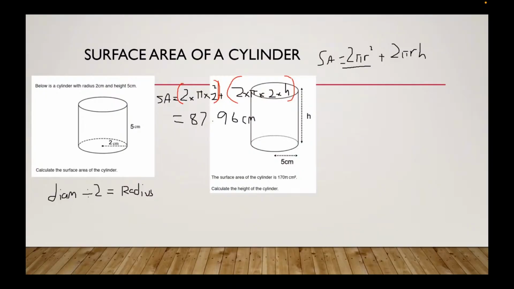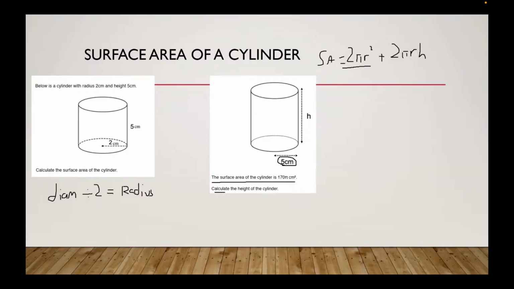So we finished the first question, perfect. Now let's try to solve this question, because it is a bit different. It's saying my total surface area of the cylinder is 170 pi. The radius is given to me as 5. Now we have to calculate the height.